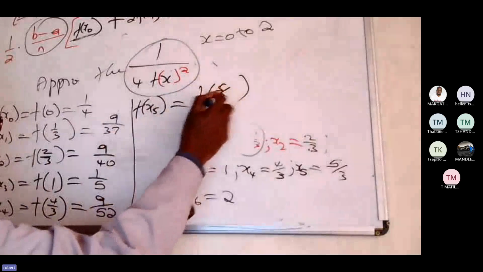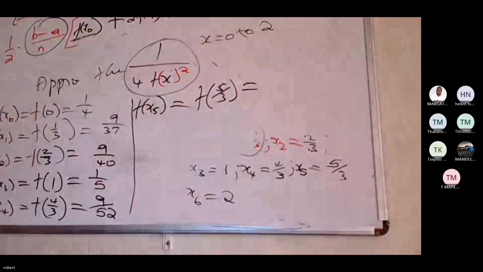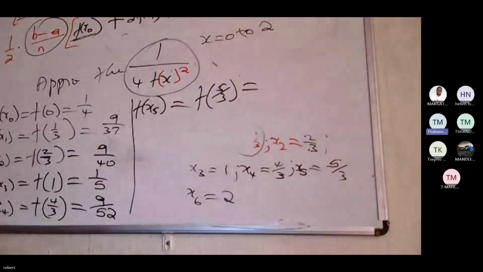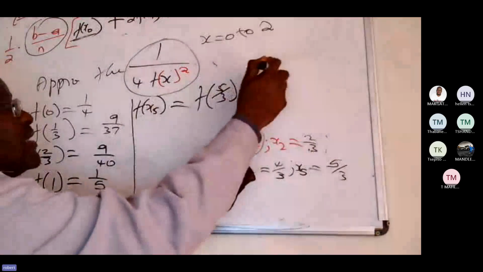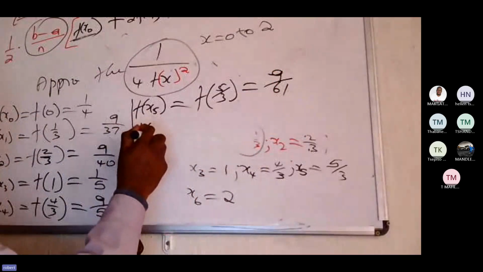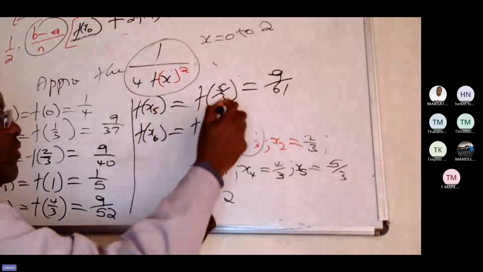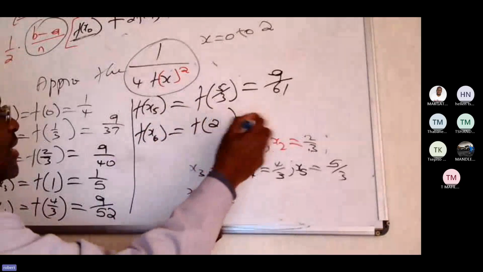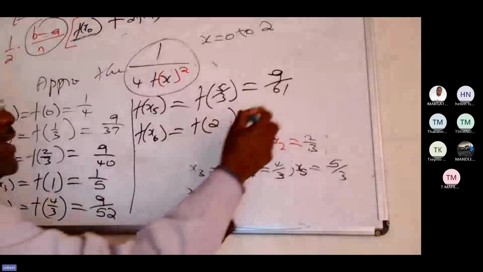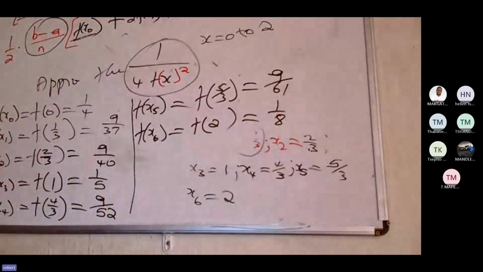It's 5/3. What will be the answer? 9/61. If you have something different, please tell us. What is f of x6? X6 is 2. This one you can leave for the teacher. Leave the simple one for me. It will be this, and we are done.